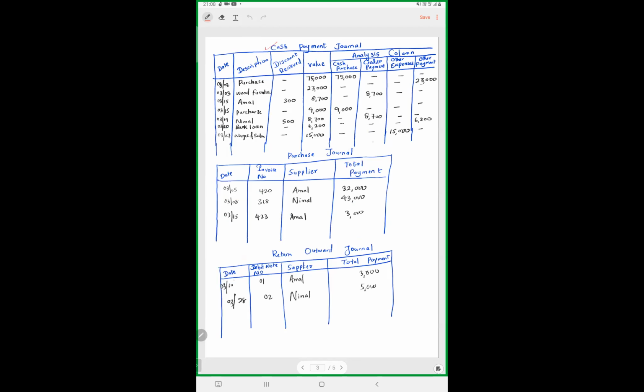Once we purchase office equipment, office equipment is an asset. So we need to debit the office equipment account. How much? 180,000 debit.